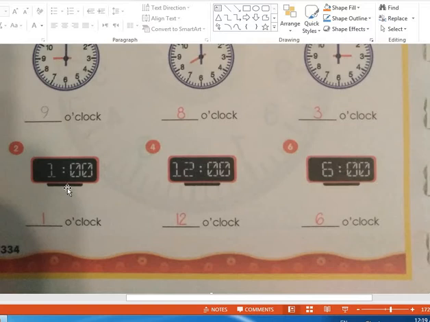It's 1 o'clock. Here? It's 12 o'clock. What time is here? It's 6 o'clock. Do you have any extra minutes? No, 0 and 0, so it will be 6 o'clock.